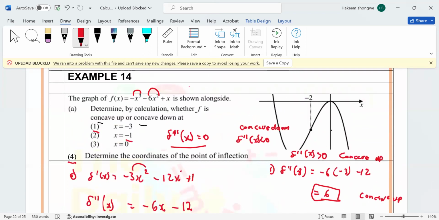So we have minus open bracket minus 2, all cubed, minus 6 open bracket minus 2, plus minus 2. And what you get is your answer. You got 6, so when x is equal to minus 2, it makes sense.